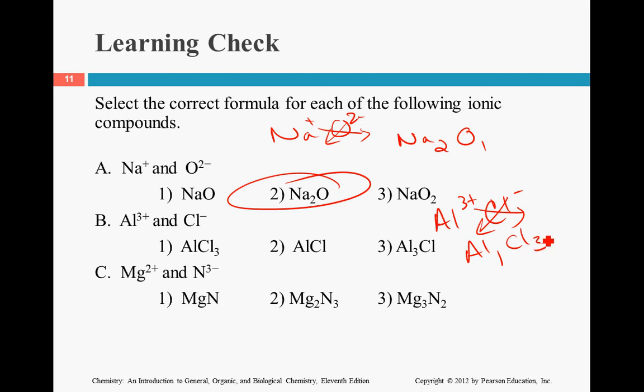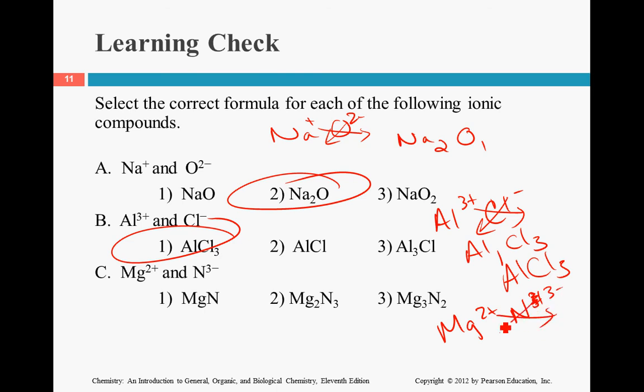Notice every single time I drop that negative sign. That negative doesn't exist. So it's AlCl3, which is right here. And then finally, Mg2+ and N3-, crisscross those, Mg3N2, which is right here.